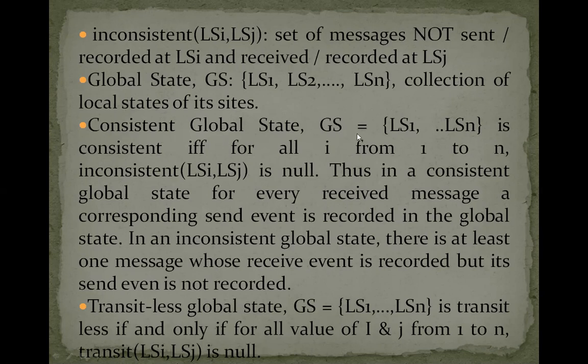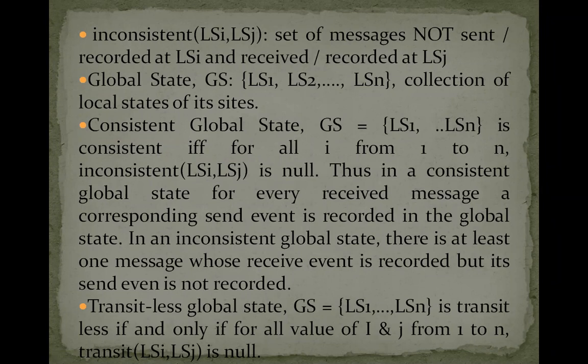Since global state is represented by all the local states, it will be consistent if for all the values of I from 1 to n, where n is the number of processes, inconsistent LSI LSJ is null. If there is no such thing, it's okay.